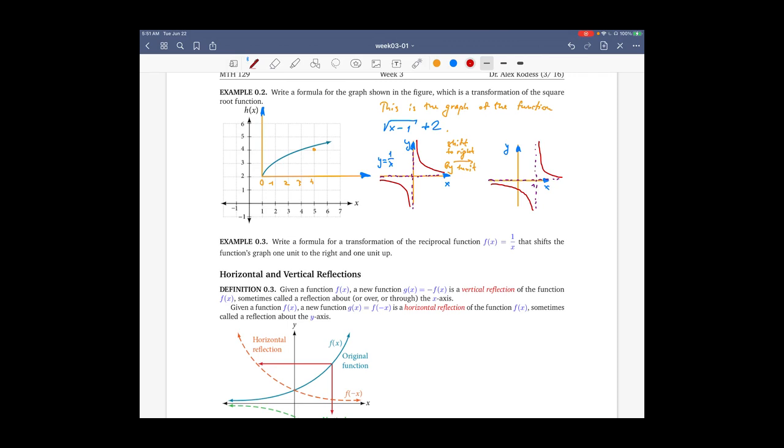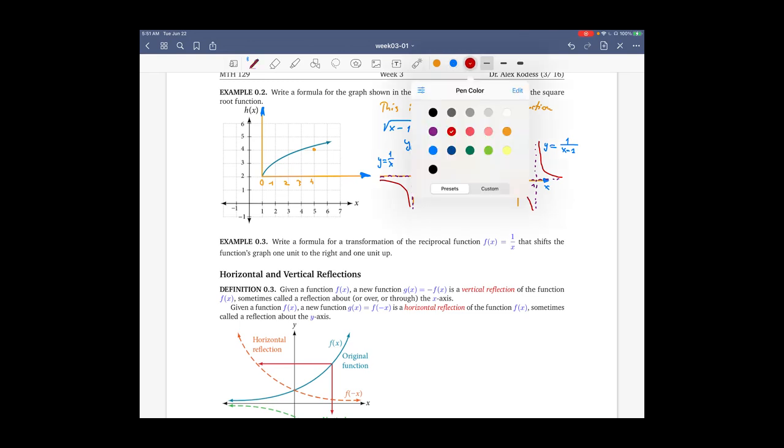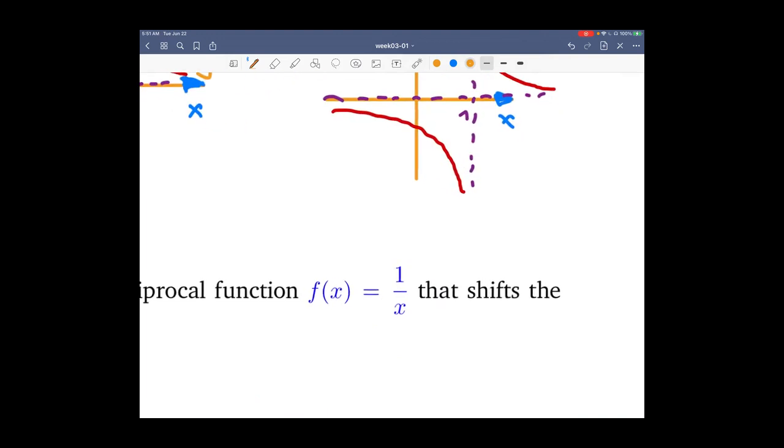A shift by 1 unit to the right will result in this graph being that of 1 over x minus 1. And accordingly, the point 0, comma negative 1 is the y-intercept.